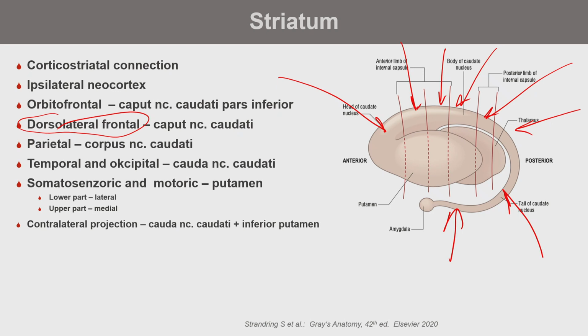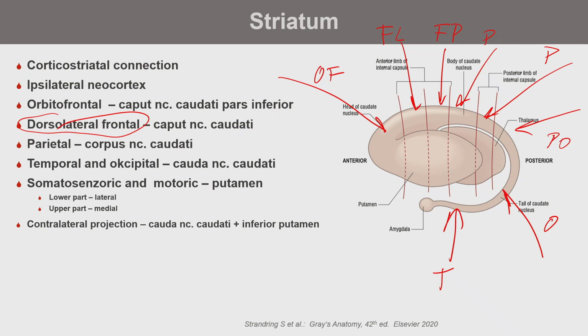So there are temporal, occipital, parieto-occipital, parietal, fronto-dorsal, fronto-lateral, and orbitofrontal cortex.